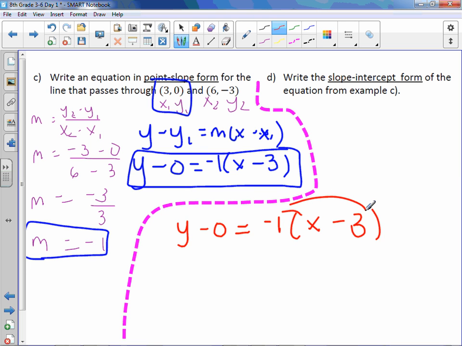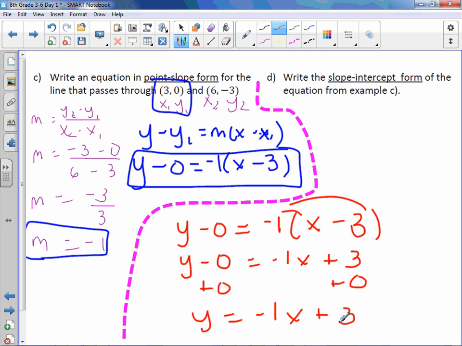First thing we need to do is distribute that negative 1. So y minus 0 is negative 1x plus 3, because negative 1 times negative 3 is positive 3. And to get y alone, we're going to add 0 to both sides. And we get y equals negative 1x plus 3 plus 0 is 3, so plus 3. And that is slope-intercept form.